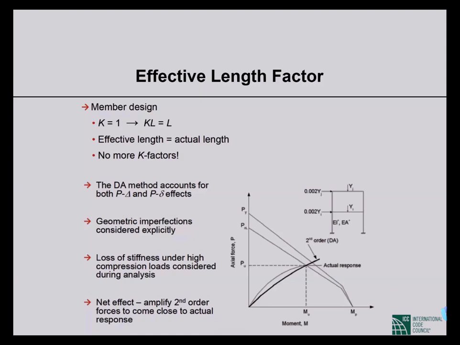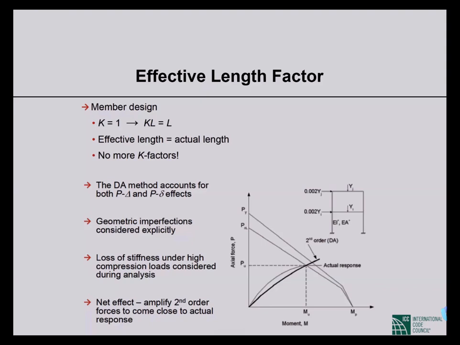There is a provision for notional load, but that is minimum. First order, second order effective length method is not valid when sway ratio is more than 1.5 for unreduced stiffness values. If it is more than 1.5, then effective length method is no more valid, no more allowed.